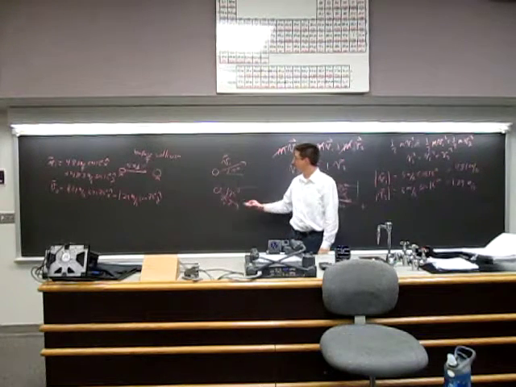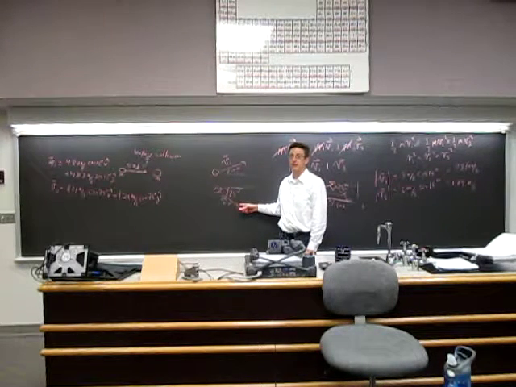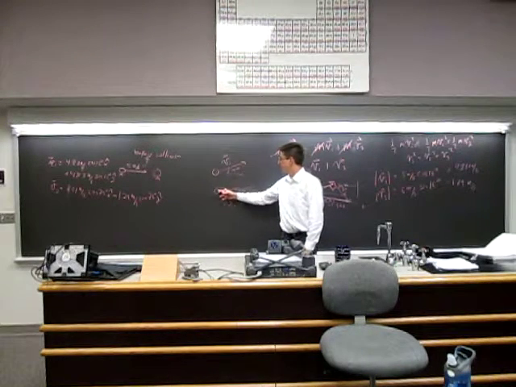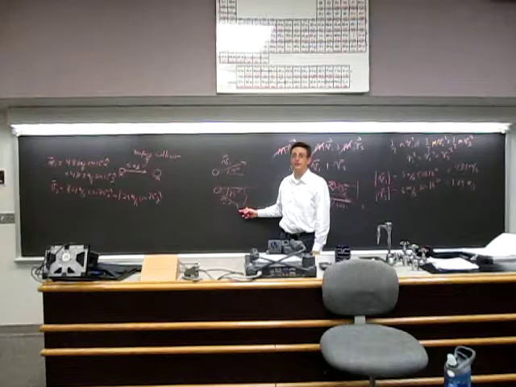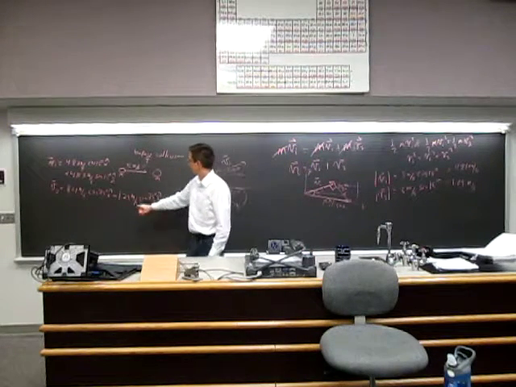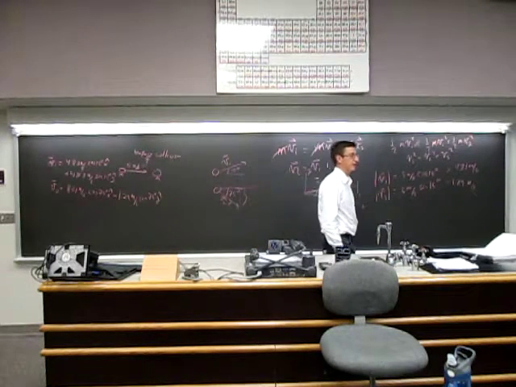This part would be the magnitude of this times the cosine of 75 degrees, and this part down here would be the magnitude of this times the sine of 75 degrees, and it's in the negative y direction. So that's where this came from. Does that make sense to you guys?